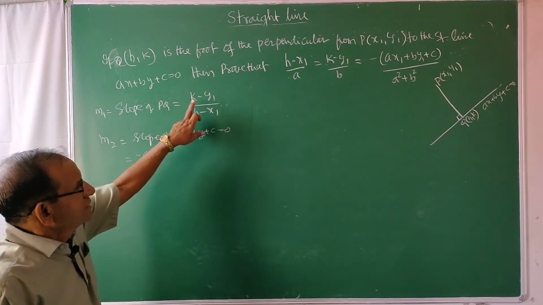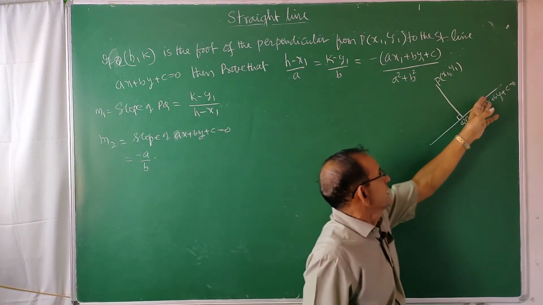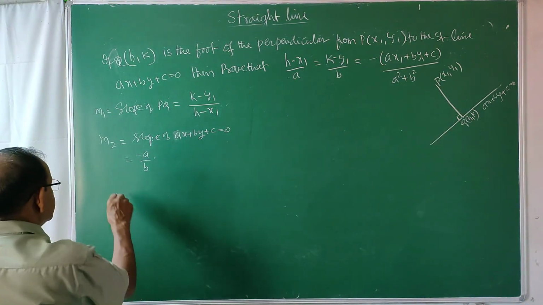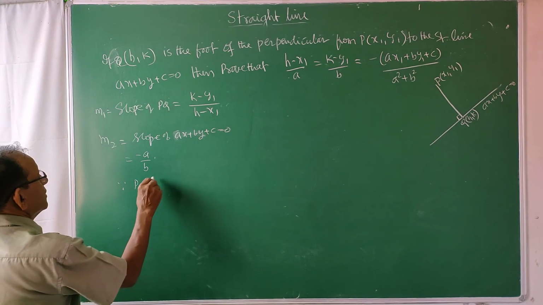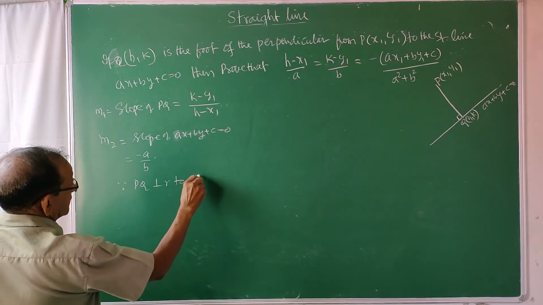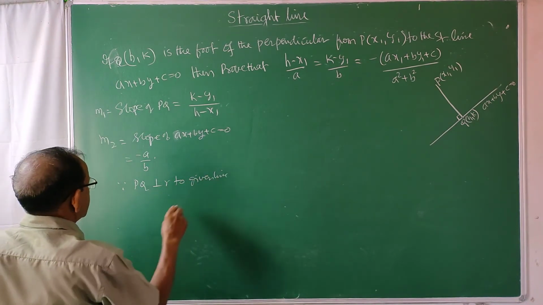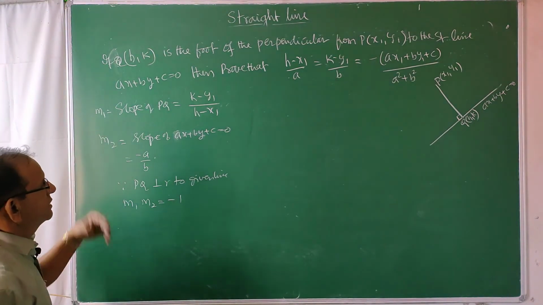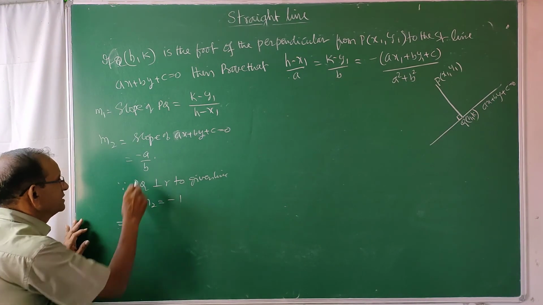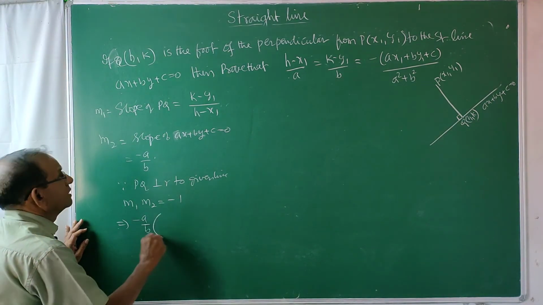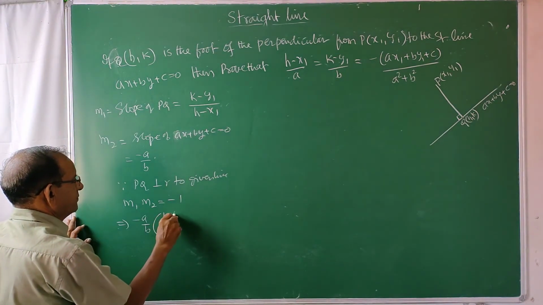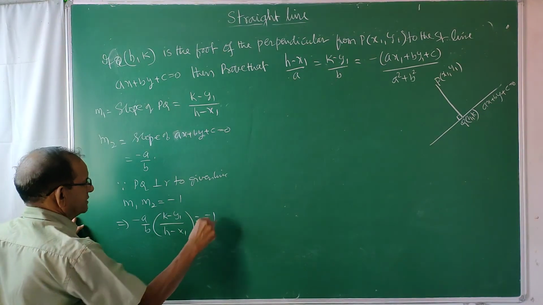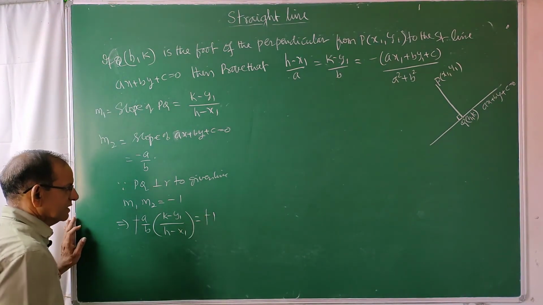But these two lines, PQ and this line, are perpendicular. So the product of the slopes must be minus 1. Since PQ is perpendicular to the given line, m1 into m2 is equal to minus 1. That implies minus of a by b into k minus y1 by h minus x1 is equal to minus 1. So you can cancel minus 1 on both sides.